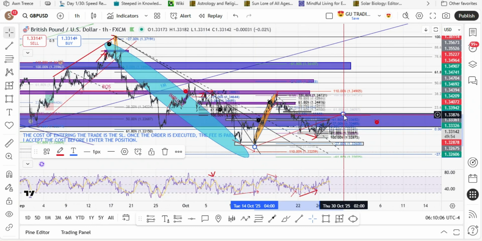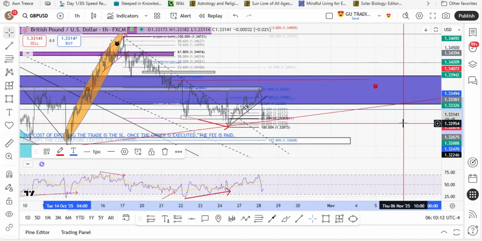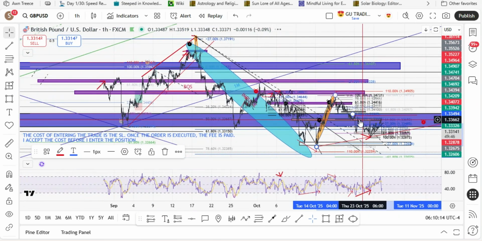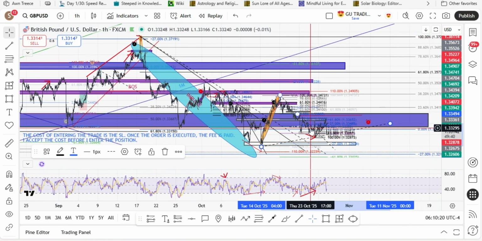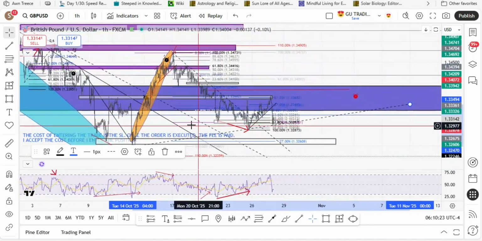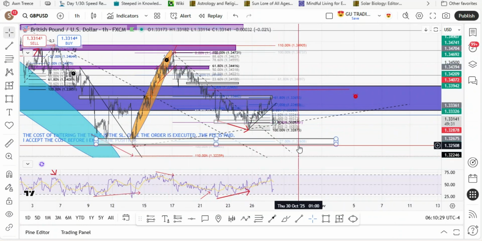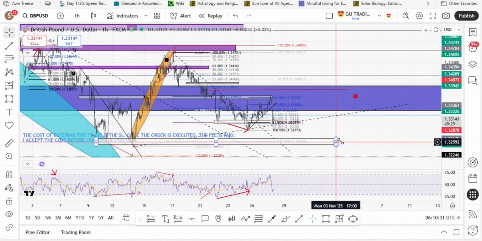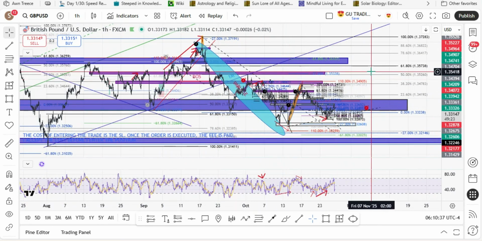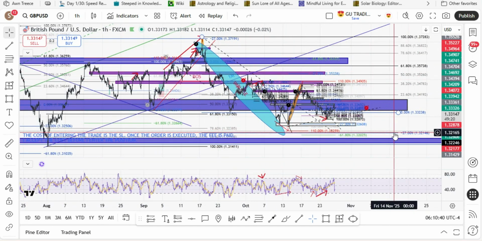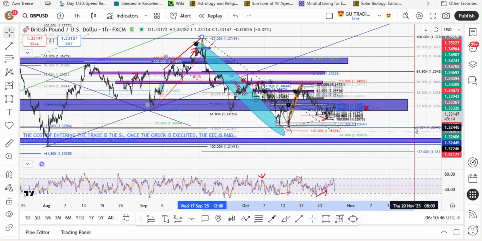But let's see. Maybe I'll do this one instead. Yeah, get rid of this one. Okay. So if that's the case, impulse, correction, continuation. Yep. And I'll have to move this down here.